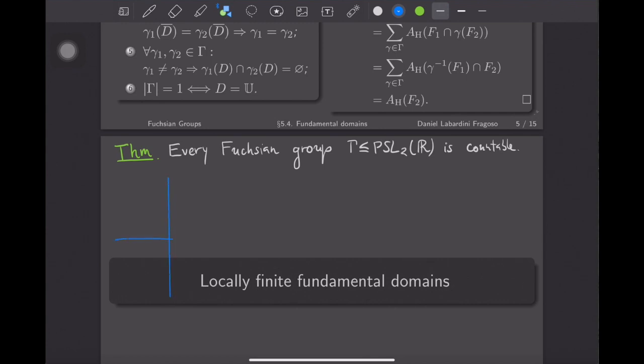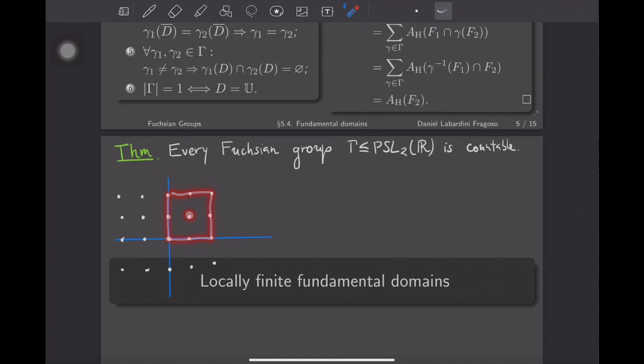So in R2, take the integral lattice, so the points with integral entries. And around each of them, consider the square centered at the point, of sides of length 2.